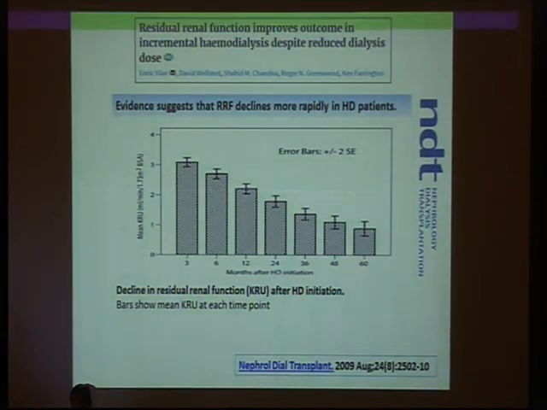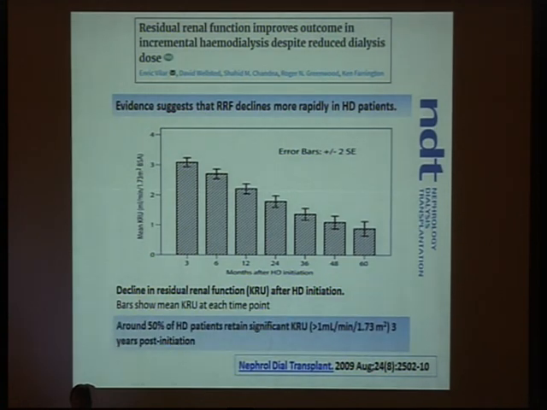Evidence suggests that residual renal function declines more rapidly in hemodialysis compared to peritoneal dialysis. But yet, around 50% of hemodialysis patients can retain significant residual renal function 3 years post-initiation.